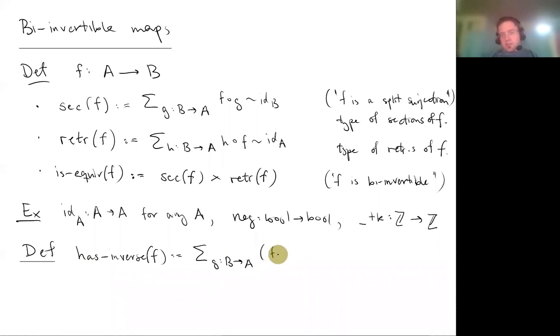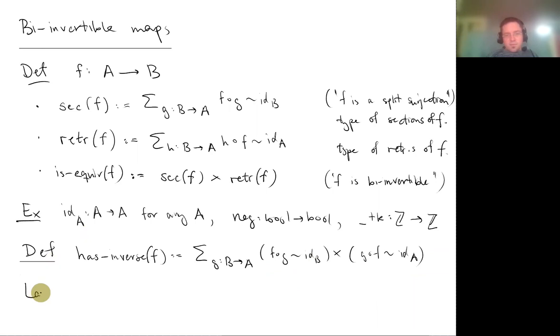So f after g homotopic to the identity on B, and g after f homotopic to the identity on A. So this is the type of two-sided inverses for f.